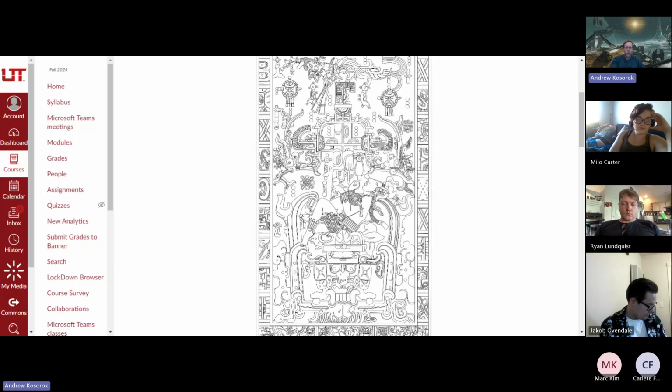And what this little thing right here represents is a stingray spine. And traditionally, stingray spines were used to puncture the skin for the blood sacrifice. And this typically meant that the emperor or empress would puncture herself or himself.